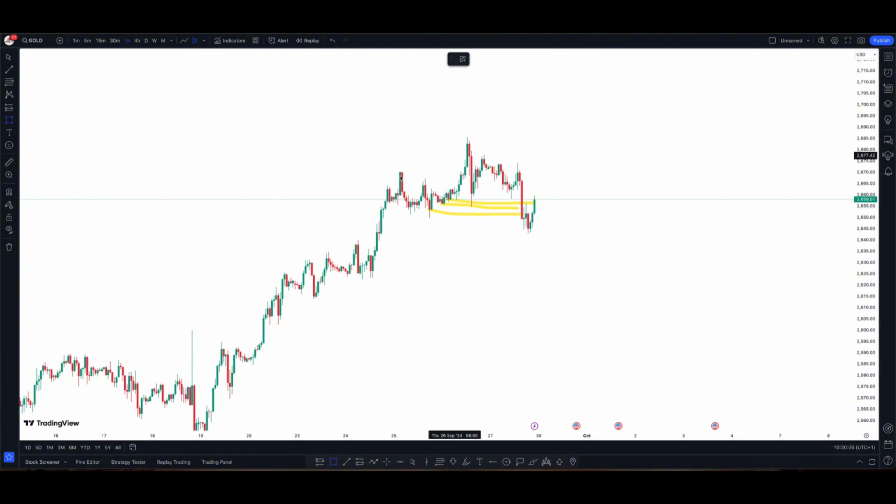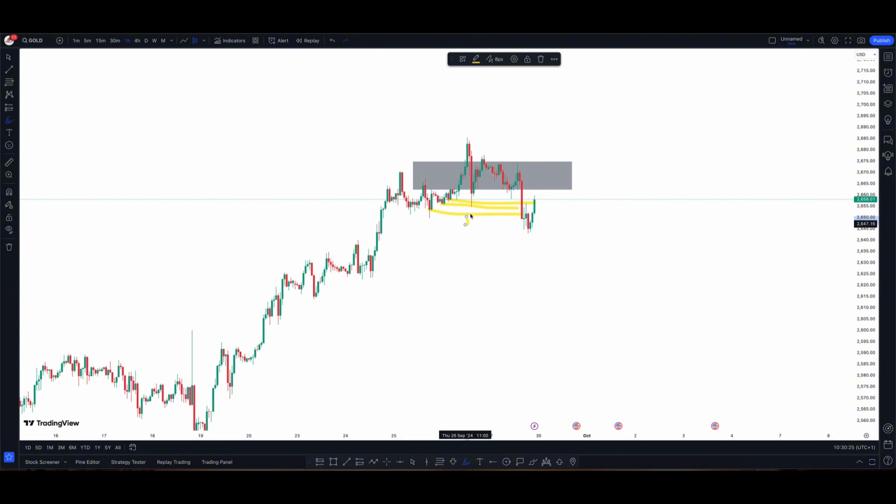Head and shoulders. There is a head and shoulders here. This is the shoulder, this is the head, this is the shoulder, and it broke all the neckline. It's coming back to this zone. So this will be your resistance.